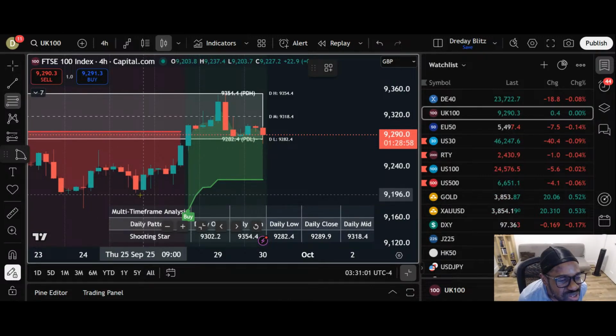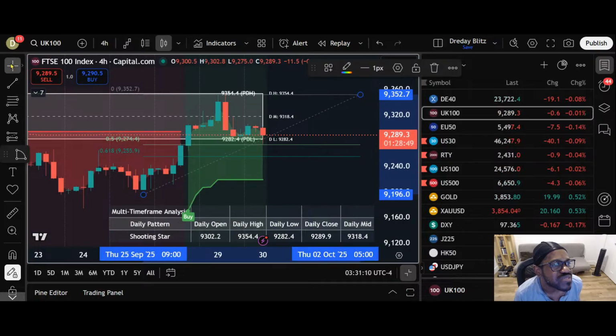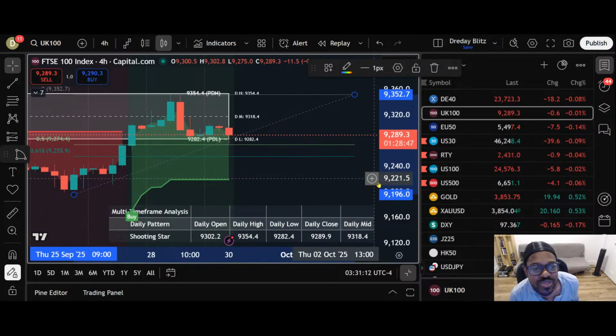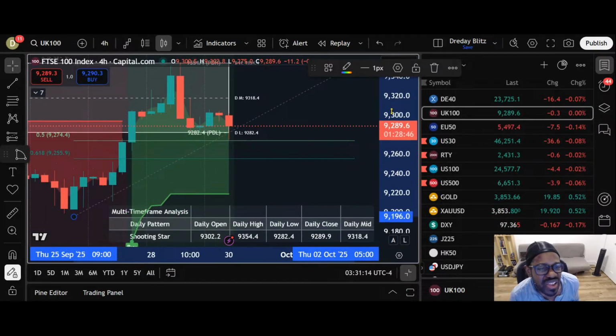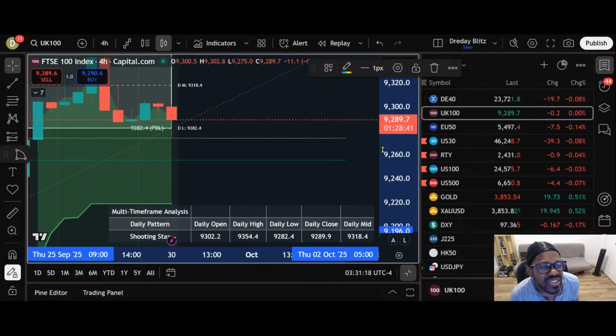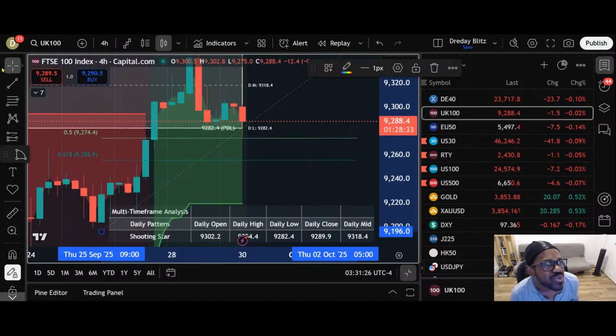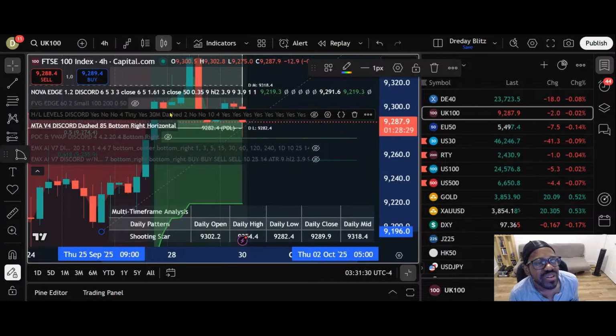Let's go here to here. All right, so I put my fib to that previous day high. So 50% of that move is right here and 61.8 right here, so it should be aligning with the fair value gap here.